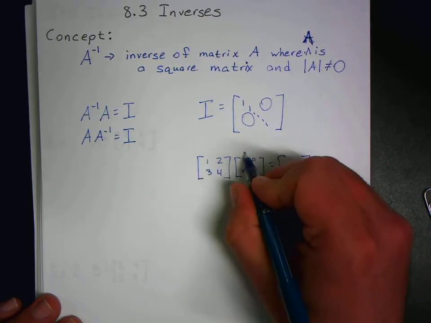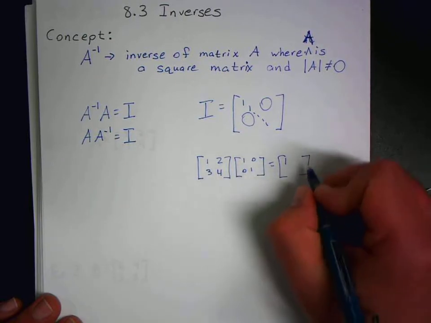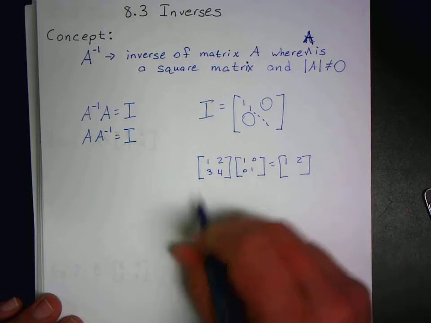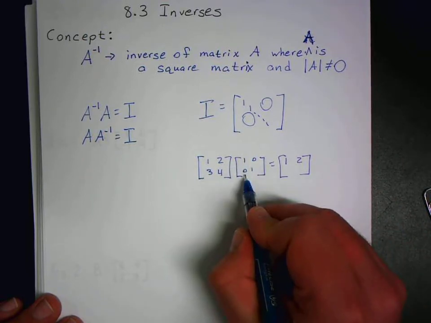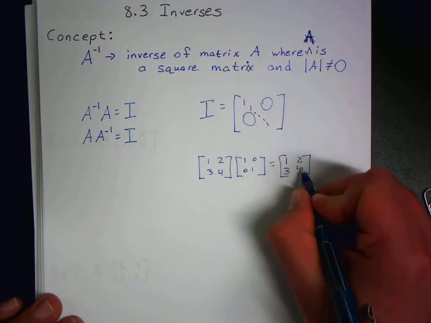So 1, 2 times 1, 0 will give me 1. 1, 2 times 0, 1 would give me 2. 3, 4 times 1, 0 would give me 3. 3, 4 times 0, 1 would give me 4.